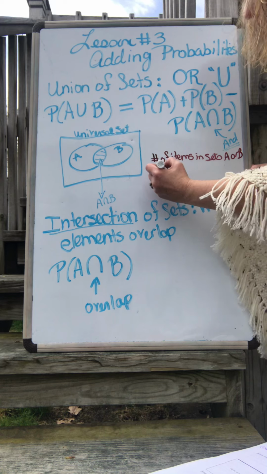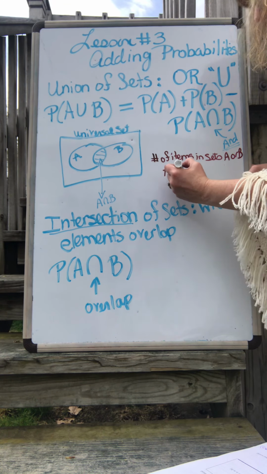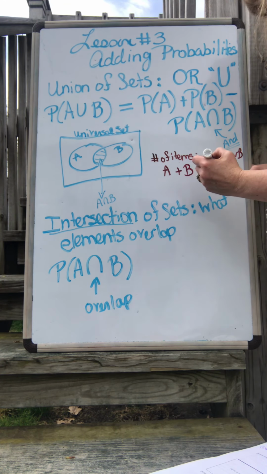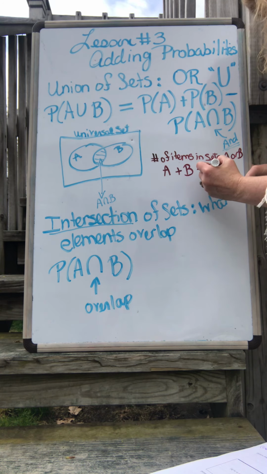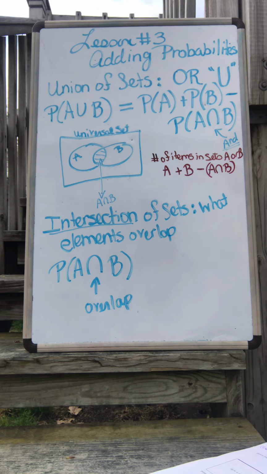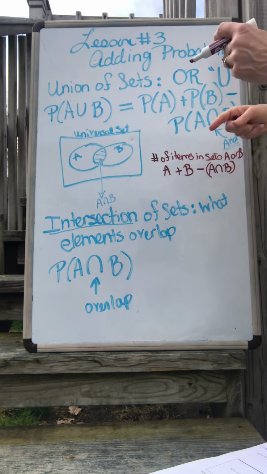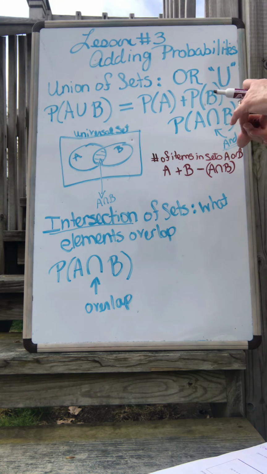It would be all the items in set A plus all the items in set B minus the overlapping items. So if I just wanted the number of items, I would add them up and subtract what overlaps. And if I wanted the probability, it would be a fraction or a percent.